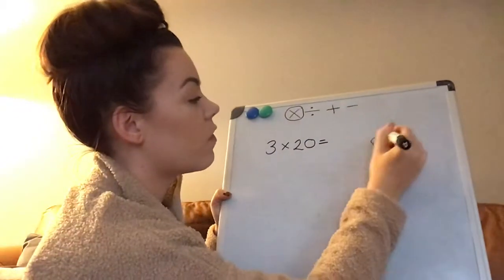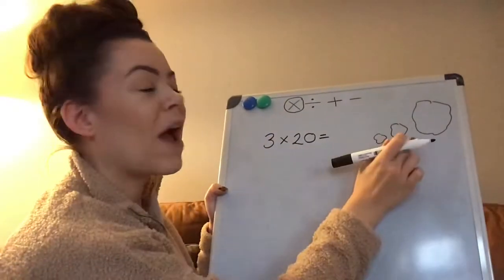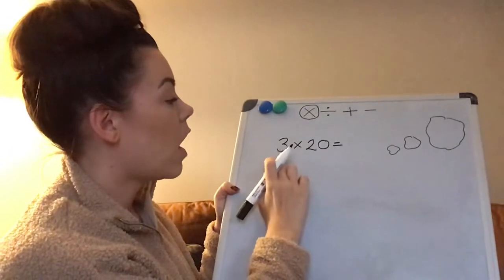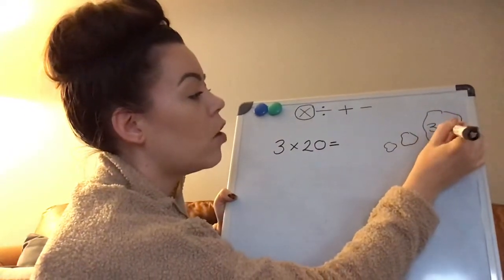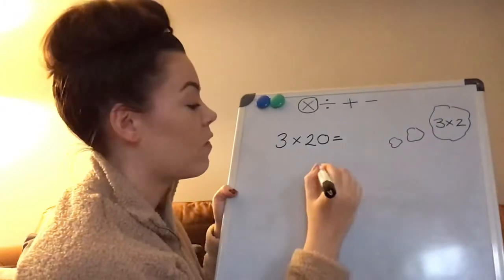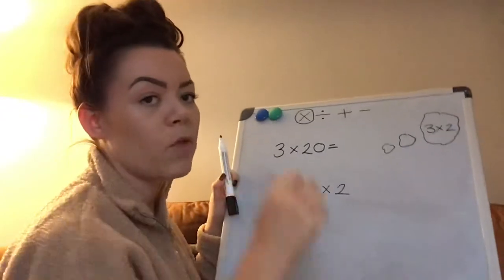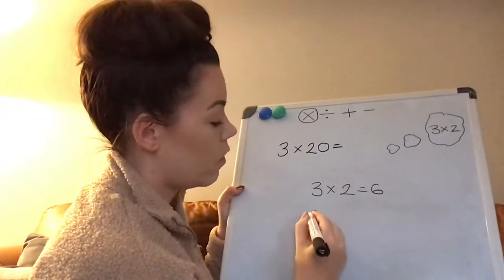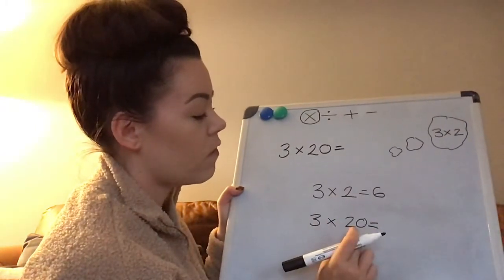Now I'm going to use the same method as I did before. I'm going to think, so I just drew out a thinking bubble, think what number fact do I know that will help me? I know 3 lots of 2, so I'm going to write that in here. I know 3 lots of 2, so I'm going to use that to help me. 3 lots of 2 is, I'm going to count in my 3s, 3, 6. So 3 lots of 20, I'm making it 10 times bigger.